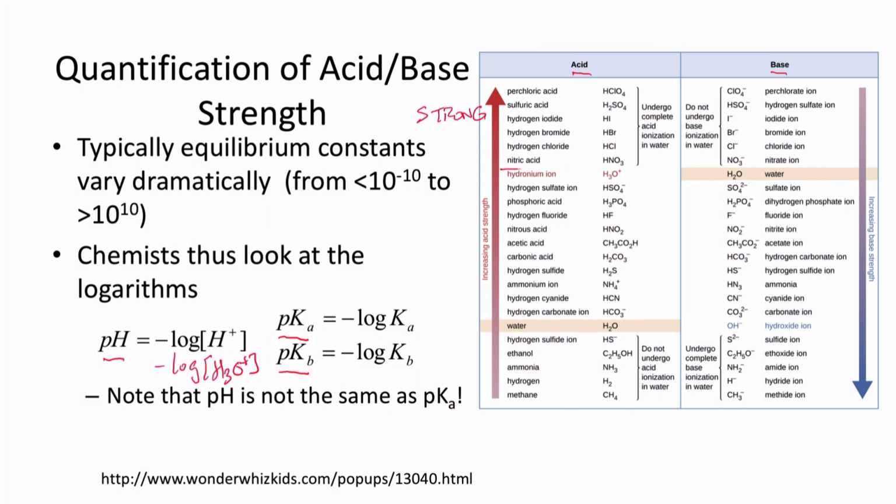These will completely dissociate in water. There's an inverse relationship between the strength of the acid and the strength of the conjugate base. Even though perchloric acid is a super strong acid, the ClO4 minus ion, the perchlorate ion, is going to be a very weak conjugate base. So the stronger the acid, the weaker the conjugate base.